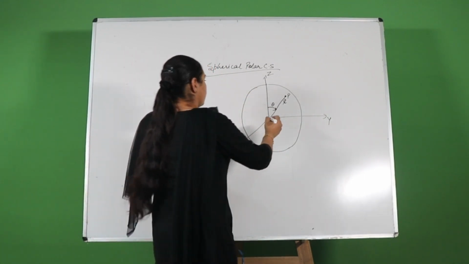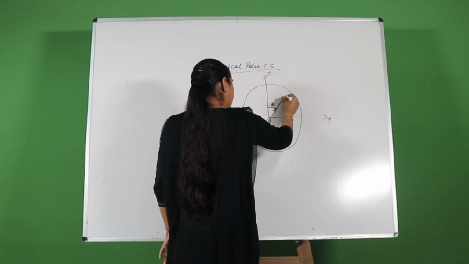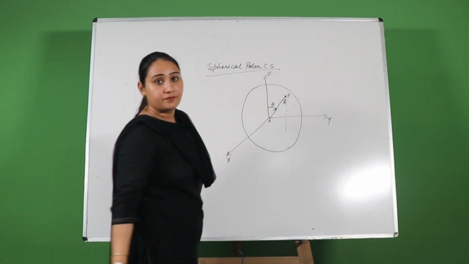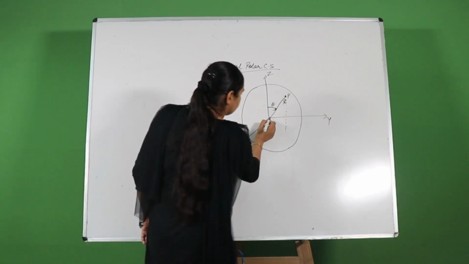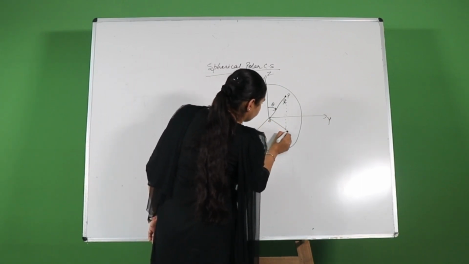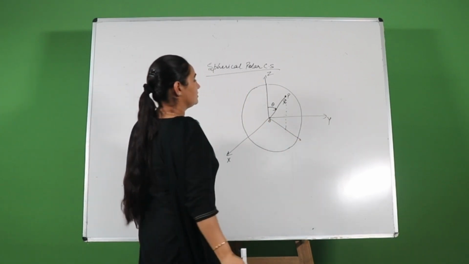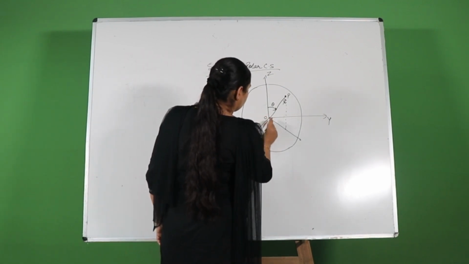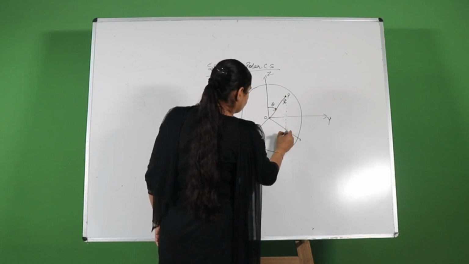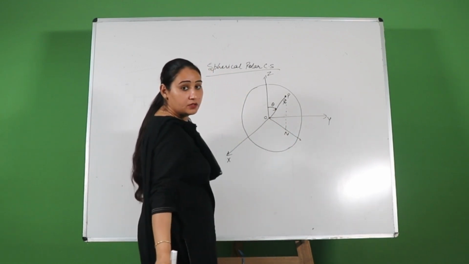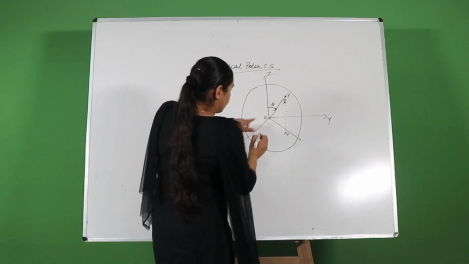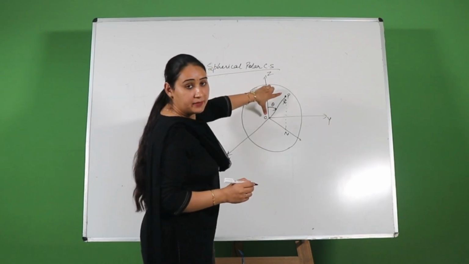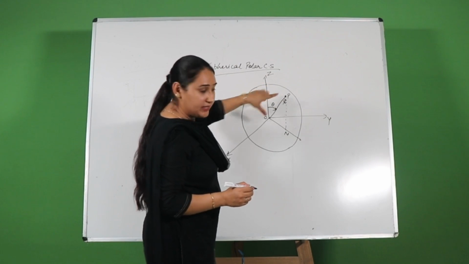Now this point will have some projection over here. If I draw this projection with a vector, let us suppose this is O, the origin, this is N. This ON is basically the projection of my position vector OP.